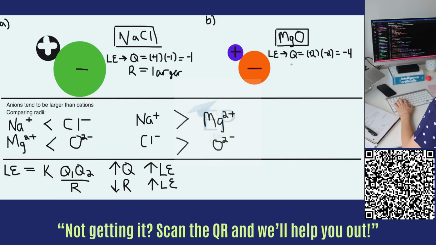In addition, we know that R is going to be smaller in comparison to A. Following the trends that we talked about earlier, we know that magnesium oxide has a larger Q and a smaller R, so it must have the larger lattice energy.